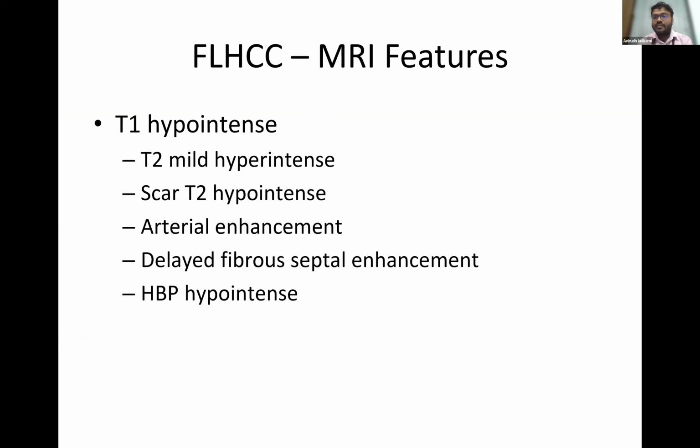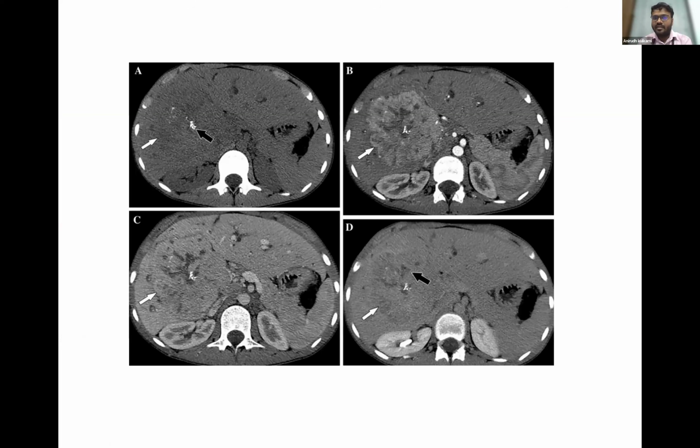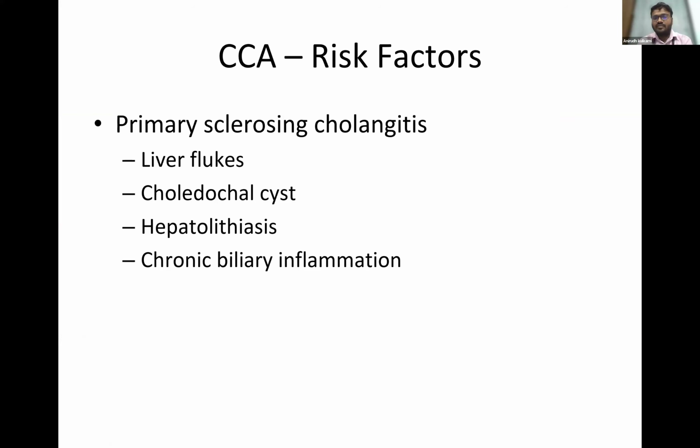So now coming to cholangiocarcinoma. There are two types, perihilar and distal extrahepatic. So these are the risk factors. One is primary sclerosing cholangitis, liver flukes, choledochal cyst, hepatolithiasis, or chronic biliary inflammation.